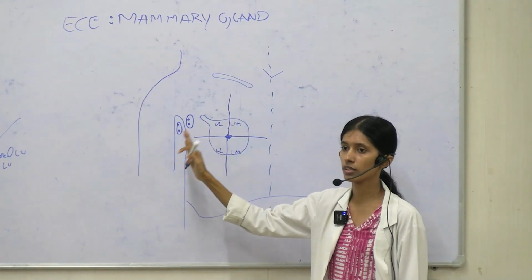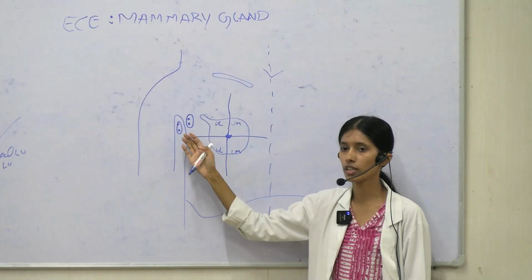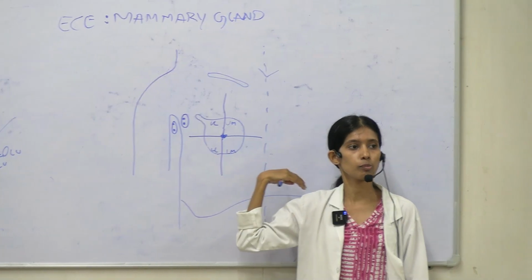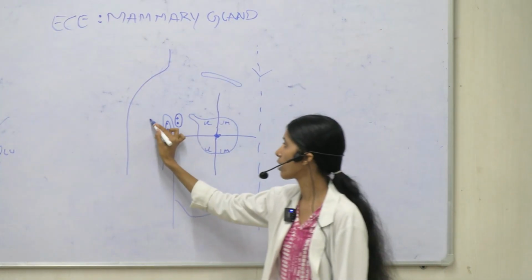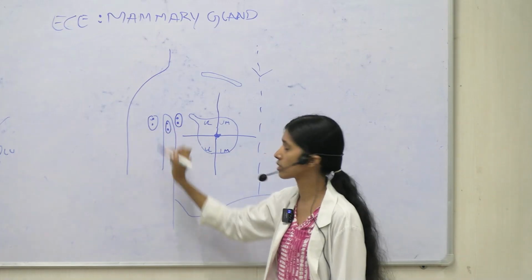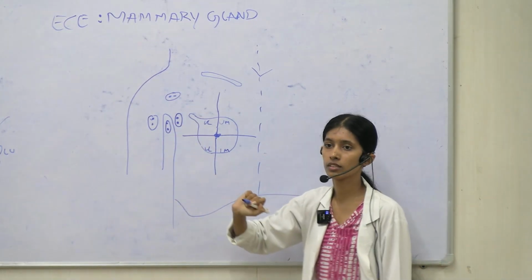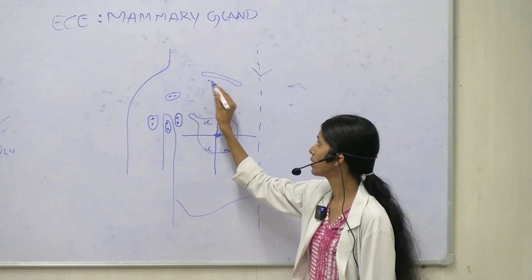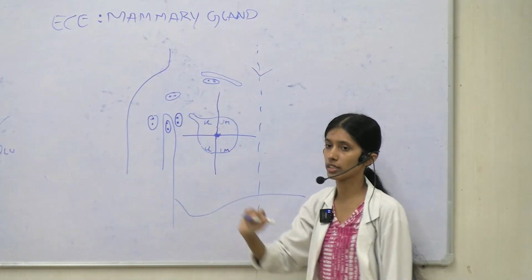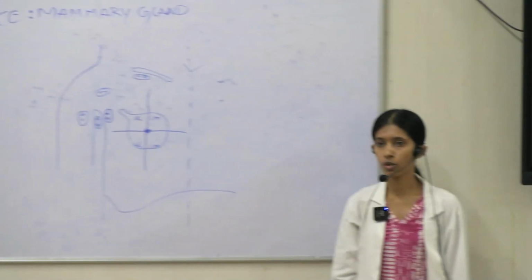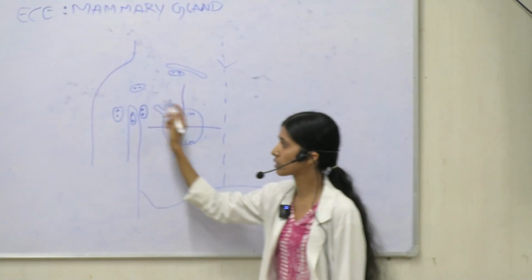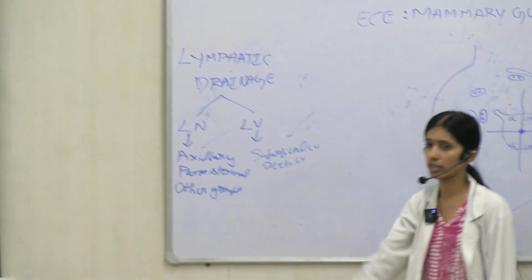Posterior I am marking next to the borderline. So you should remember it is present in the posterior aspect. Then we have the lateral group of axillary lymph nodes. Then which group here? Central group, followed by apical group. Okay, that is the axillary lymph nodes part.